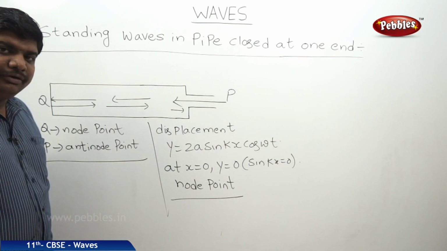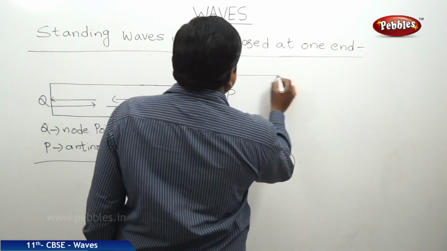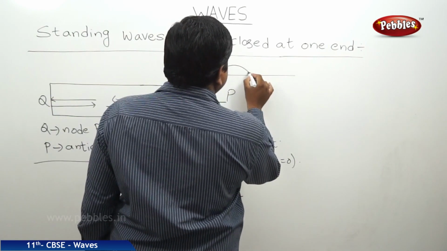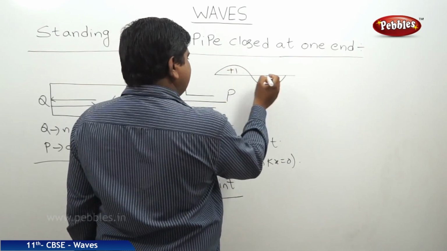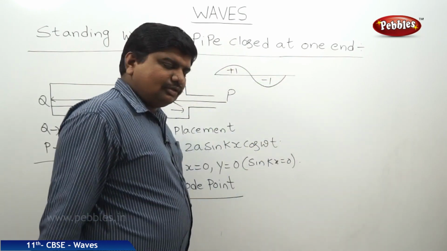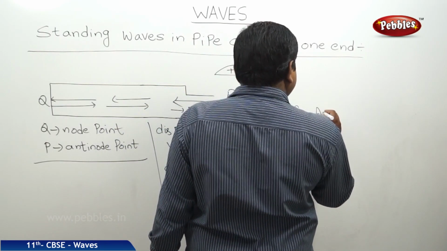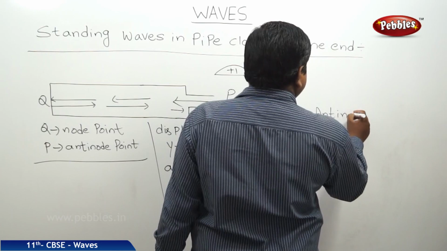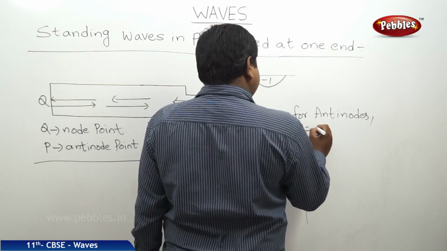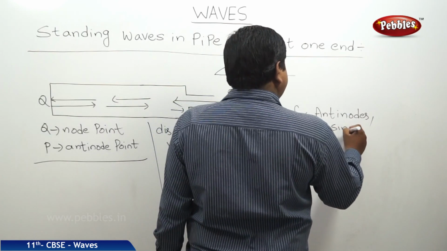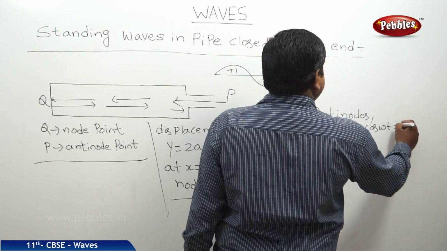But what about the antinode? Antinode is on the positive scale as well as the negative scale also. 0, antinode, antinode, like this. So this is +1, let us assume this is -1. So for antinodes, y is equal to 2a sin kx cos omega t is equal to 1.